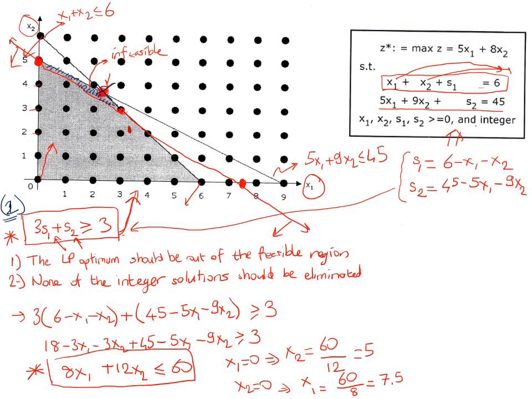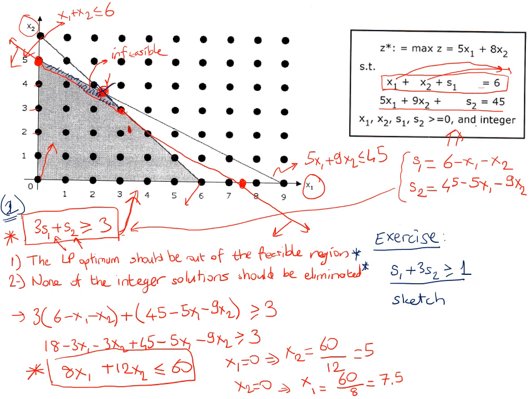Okay, so please, it's an exercise for you. If you remember, we generated two cuts. The first cut was S1 plus 3S2 greater than or equal to 1. Please sketch this cut in the feasible region and see that these two properties of the cut are still valid.